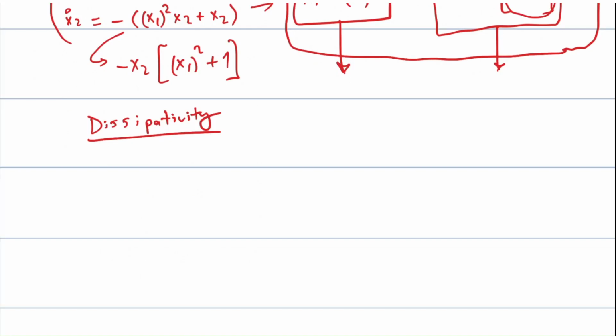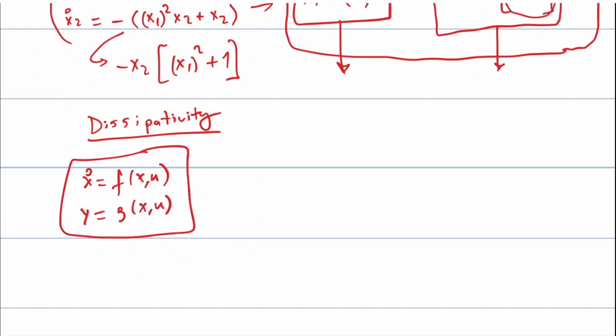We have x dot equals f of x, u, with this dynamics, and also you have some output equation. Let's name this system sigma.